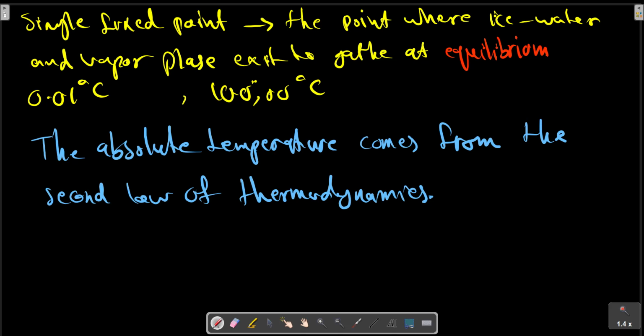On the basis of the second law of thermodynamics, a temperature scale that is independent of any thermometric substance can be defined. This absolute scale is usually referred to as the thermodynamic scale of temperature.